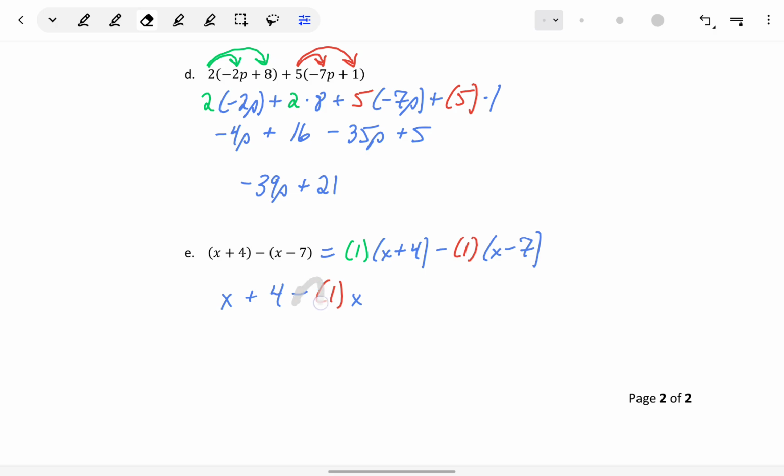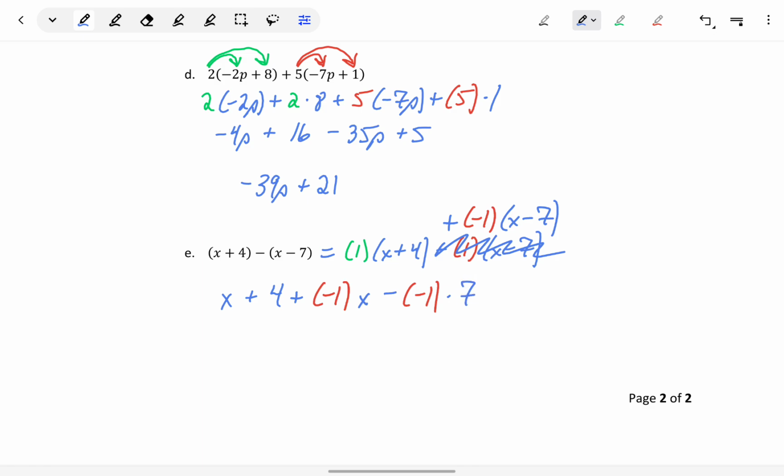Sorry, I'm going to go back a step. We're going to think of this second expression as being plus -1 times x minus 7. That's going to help us keep track of those changes in sign better as we go. So this is going to become plus -1 times x minus -1 times 7.